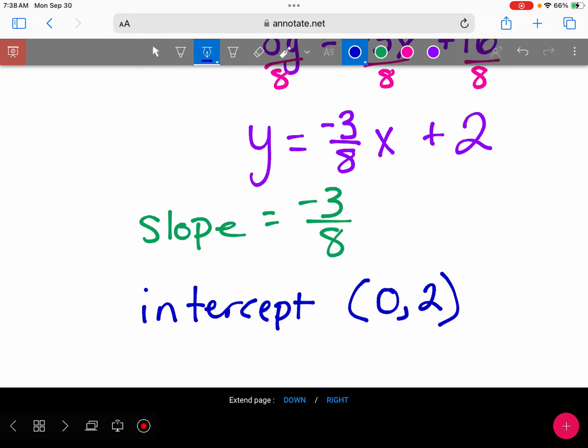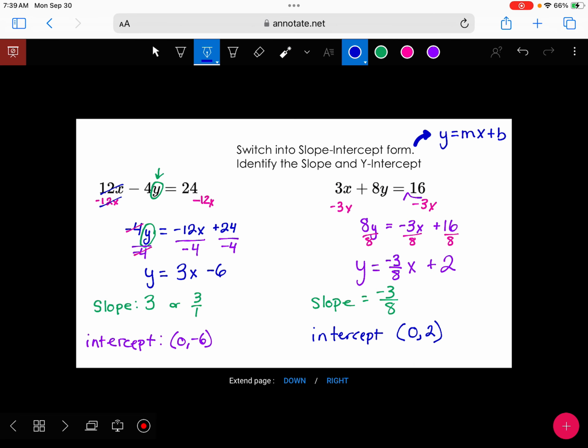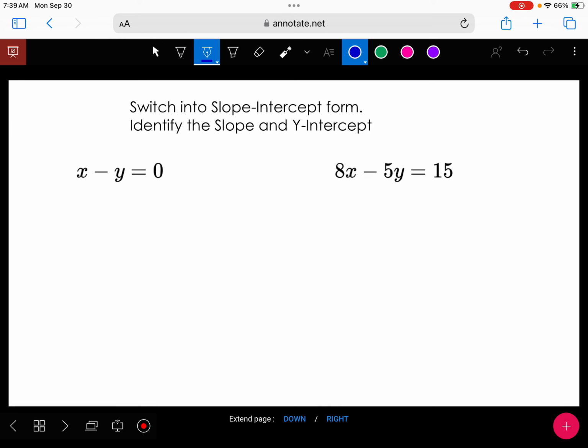We're going to write our intercepts as ordered pair points. Questions on this one, or these ones? All right, we're going to do 2 more very similar, and then I'll kick it up one teeny tiny half a notch.